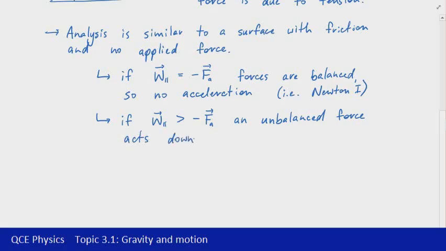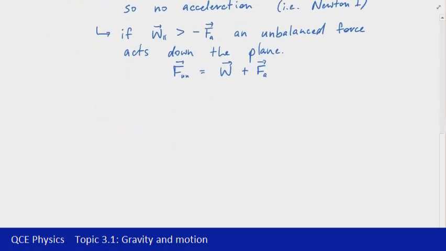Now, whether you're looking at either of these two scenarios, you can always consider the sum of those two forces. So in this case, the unbalanced force is going to just be equal to W plus FA, so the vector addition of those two forces. In the first situation, the unbalanced force is 0, so we'd still have W plus FA would be equal to 0.